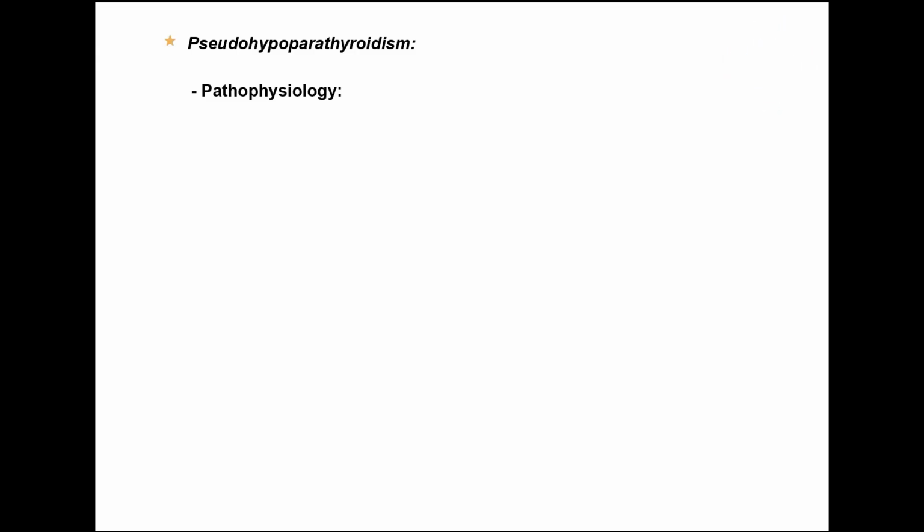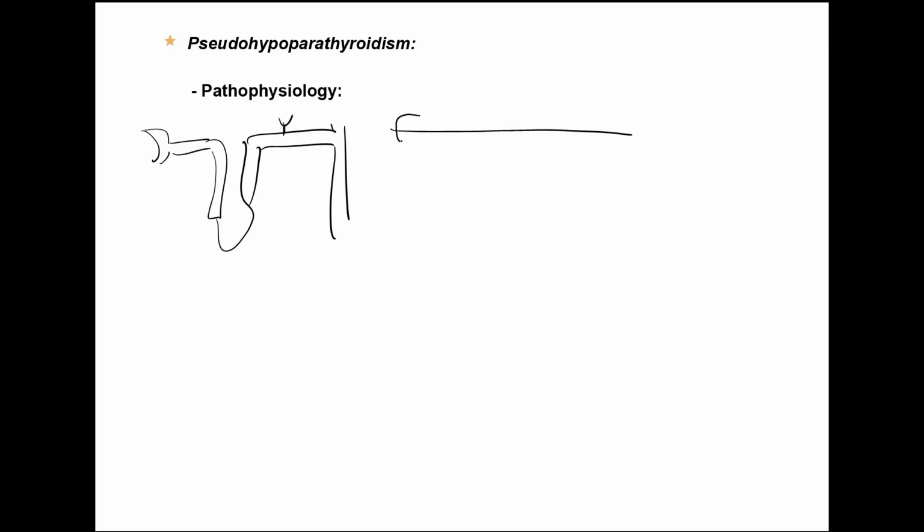Patients with pseudohypoparathyroidism have a defect in the PTH receptor, found in the distal convoluted tubule, and it is a GS-alpha receptor. The GS-alpha fragment is going to stimulate adenyl cyclase by adding a GTP.